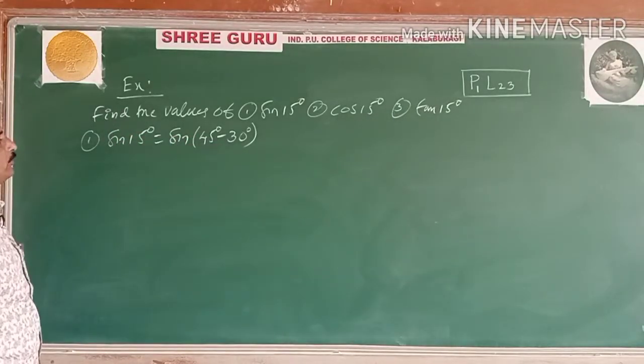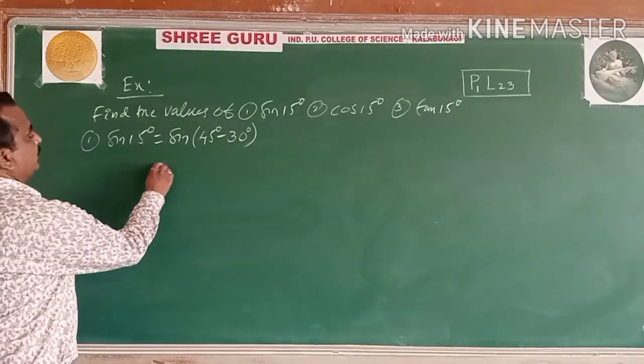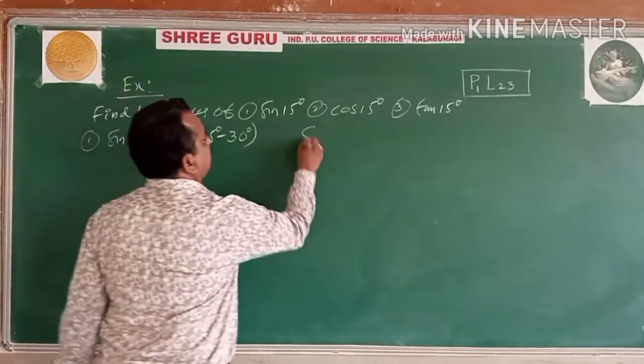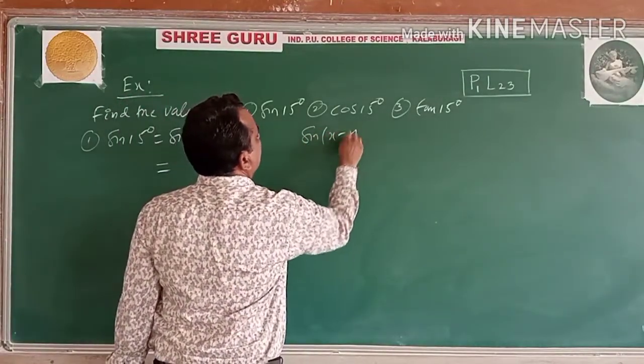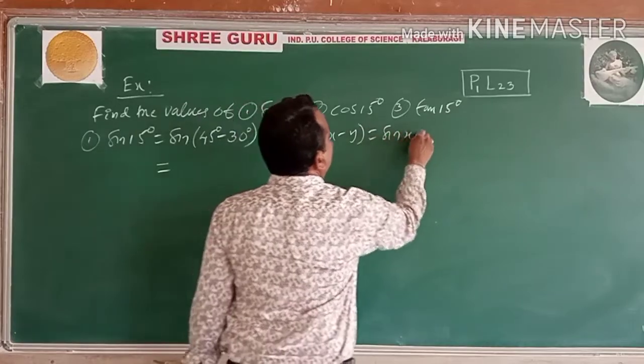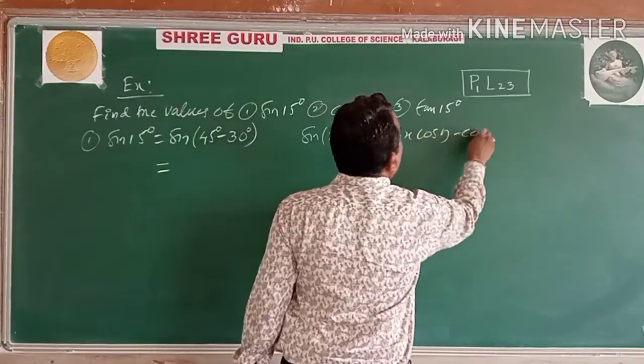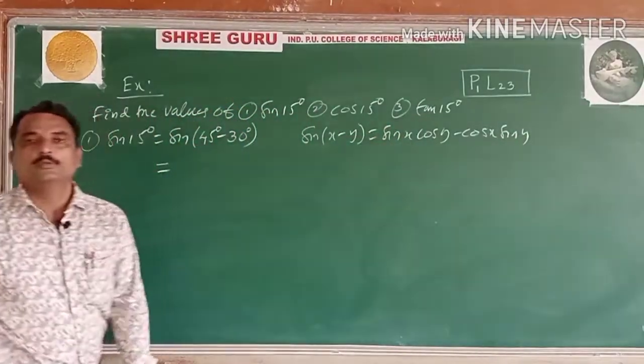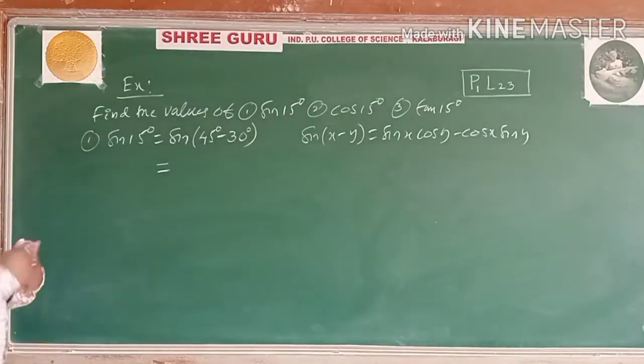Sin 15 degree is equal to sin of 45 minus 30 degree. So expanding, sin a minus b or sin x minus y. You know what is sin x minus y? Sin x cos y minus cos x sin y. When minus, for sin, for cos opposite here.